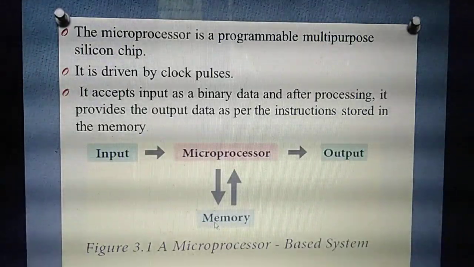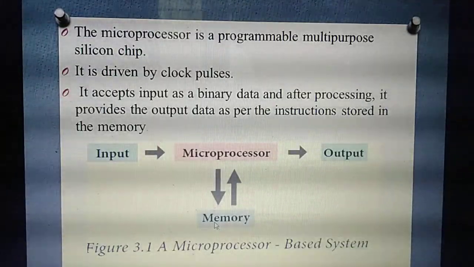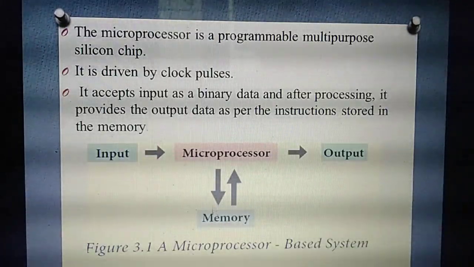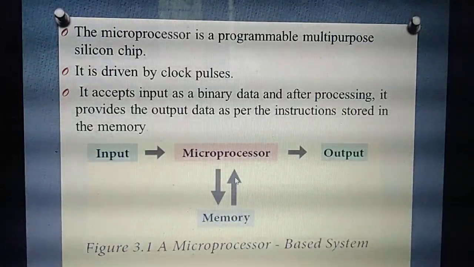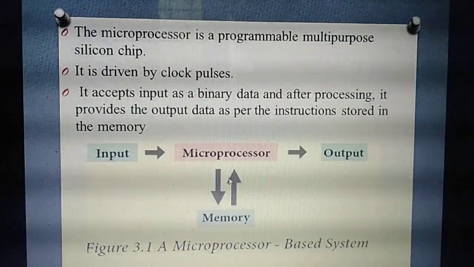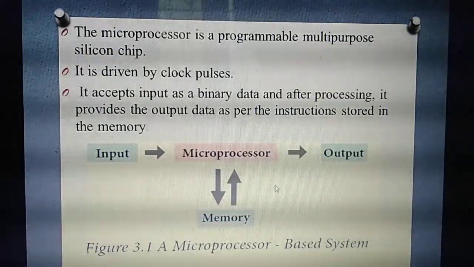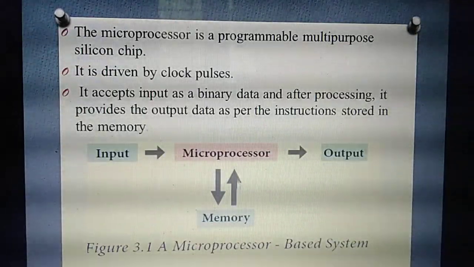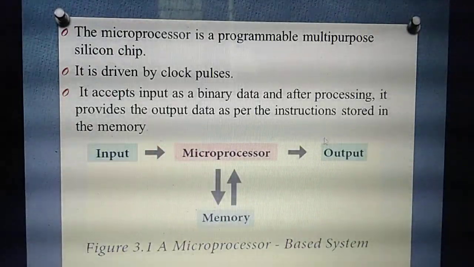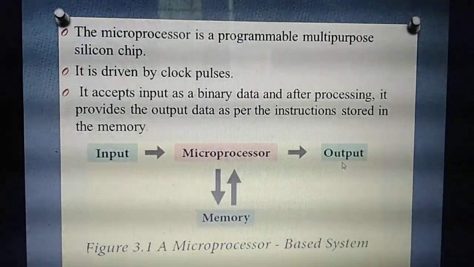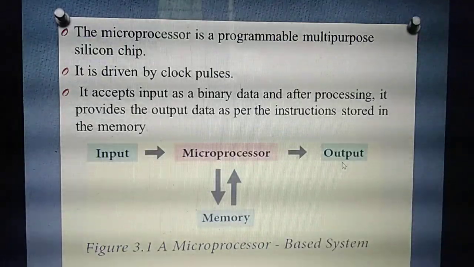Two types of memory were studied. What are they? Primary memory and secondary memory. Either memory it will store in. Then what they need to display in the output, they give the data again to whom? Microprocessor. Then the microprocessor will give it to the output device. Understand? So what's the working of this?